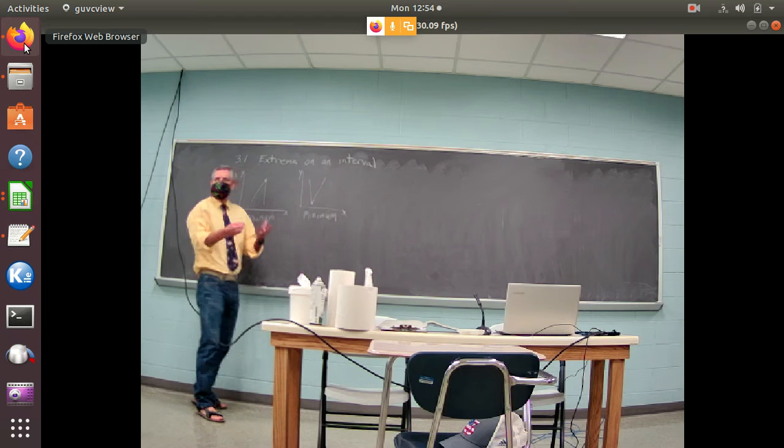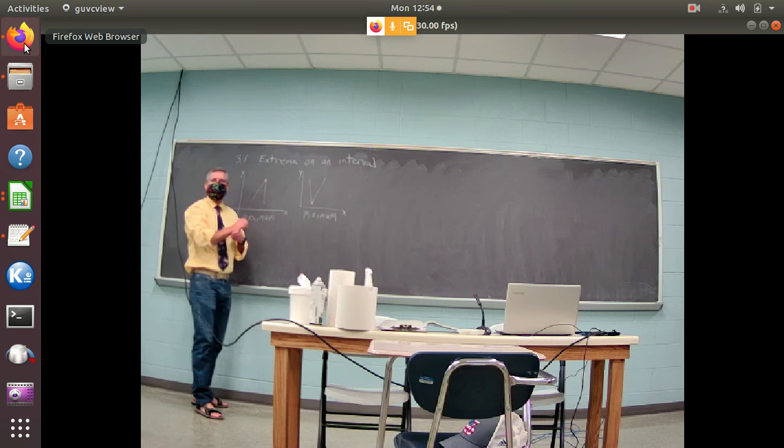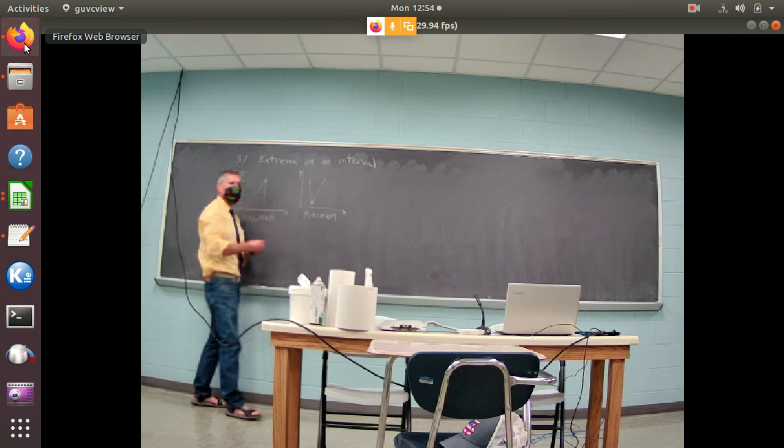So if this is a function, I'm noticing that all these values of my function are smaller than that value. And similarly here, all my values of this function are greater than that one.